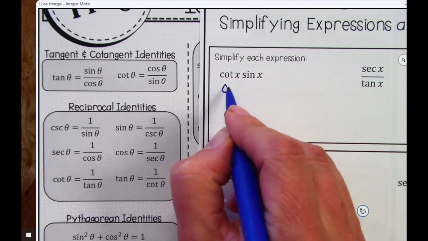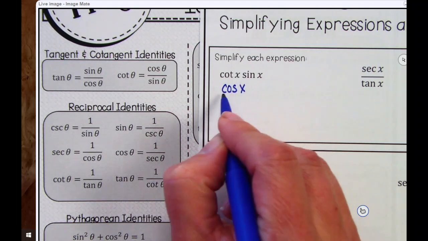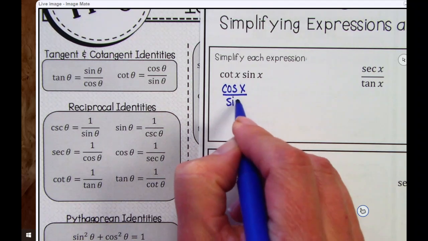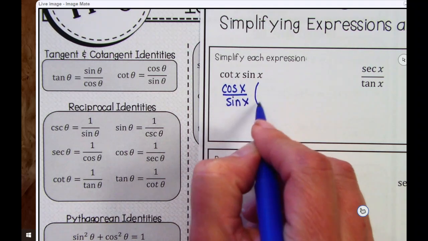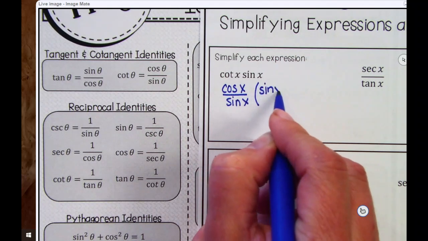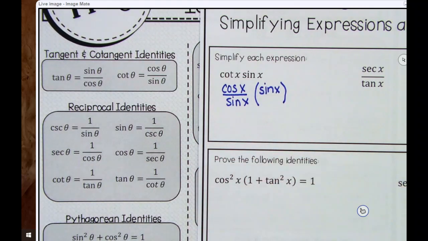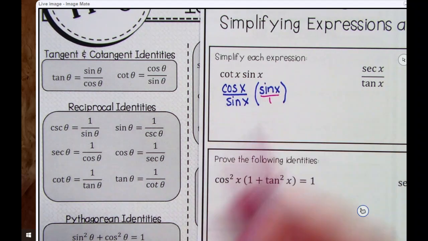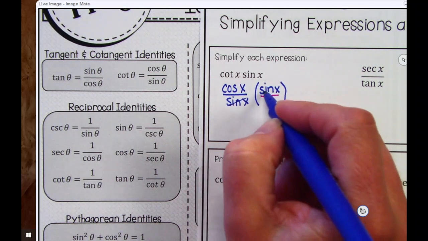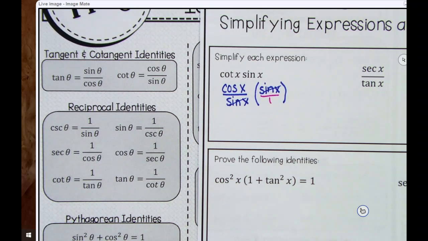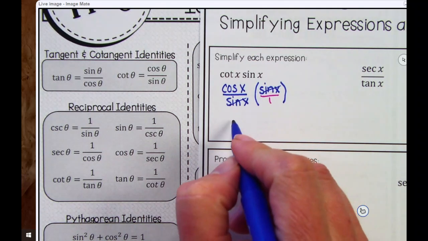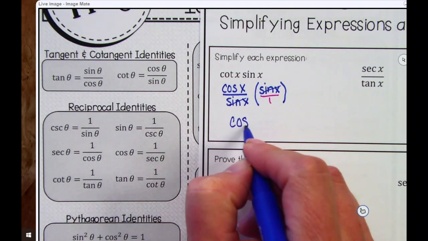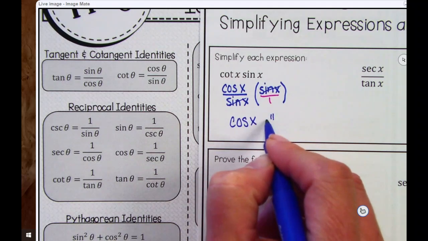So I can replace that with a cosine over sine. And then I have this times sine of x. If you feel better, you can say that's over 1. And then wouldn't your sines just cross cancel? And we are left with cosine of x.